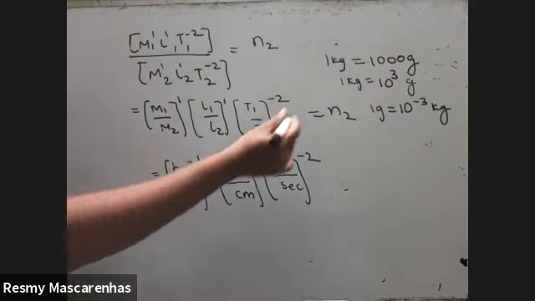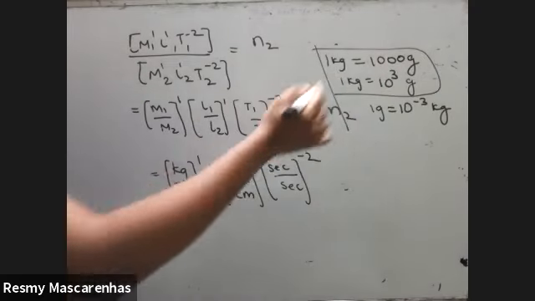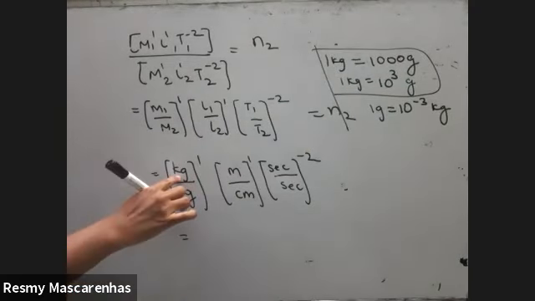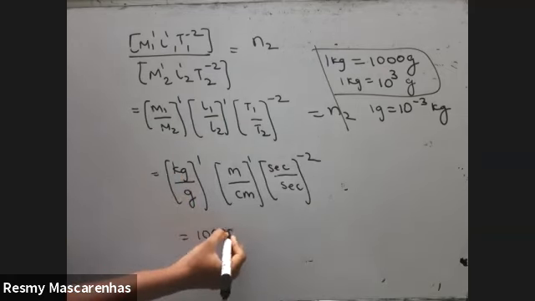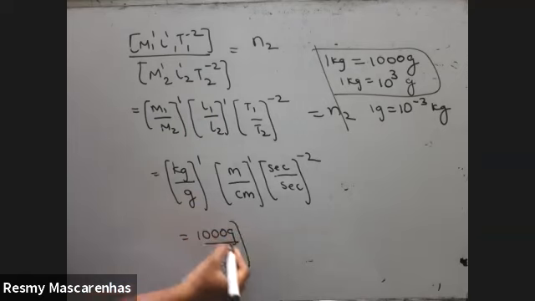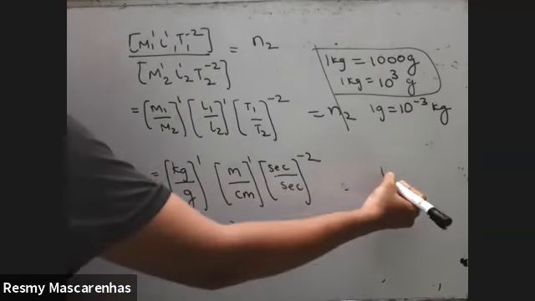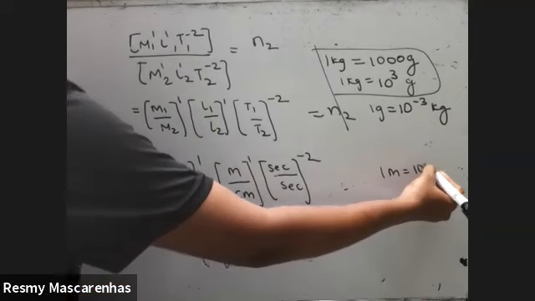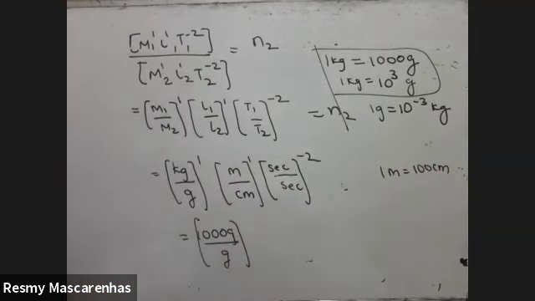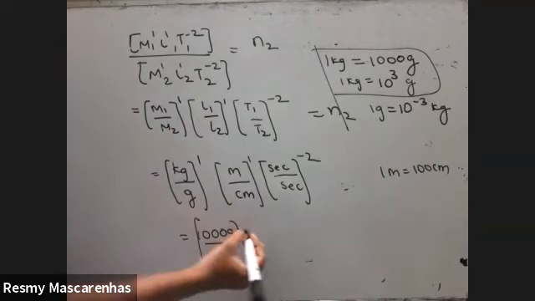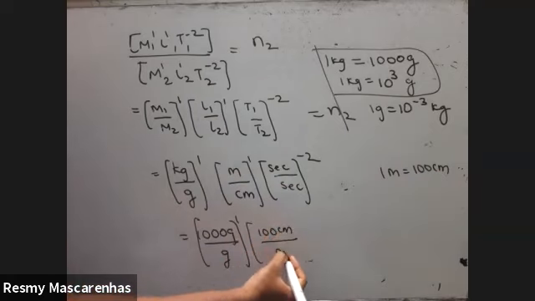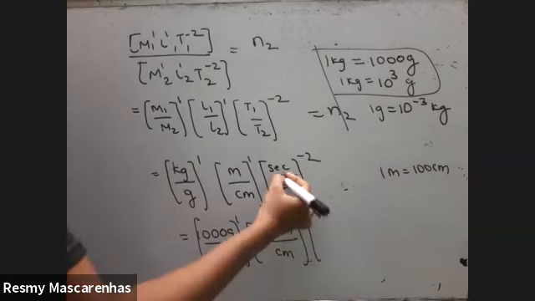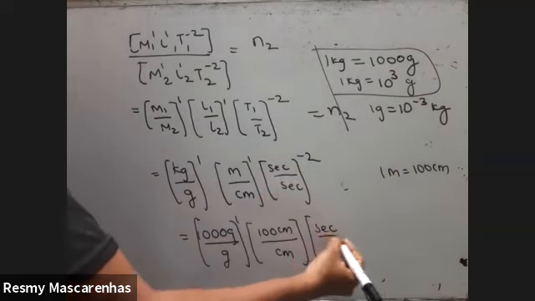Anyway, now this is what we should be doing. 1 kg means I can write it as 1000 grams. Same way, 1 meter equals 100 centimeters. There's no need to convert time, both are in seconds.